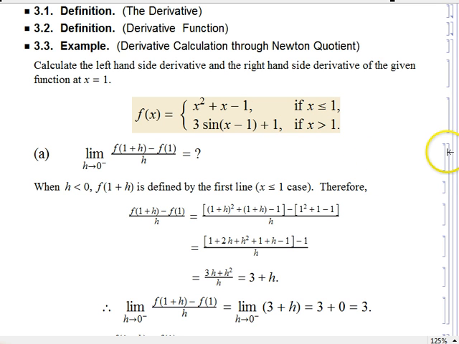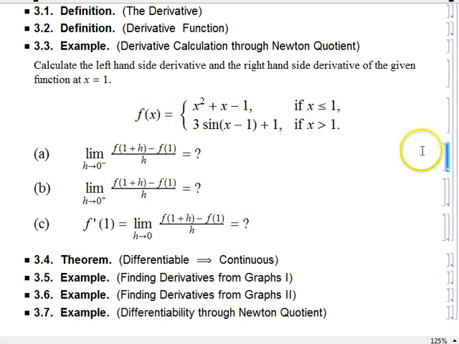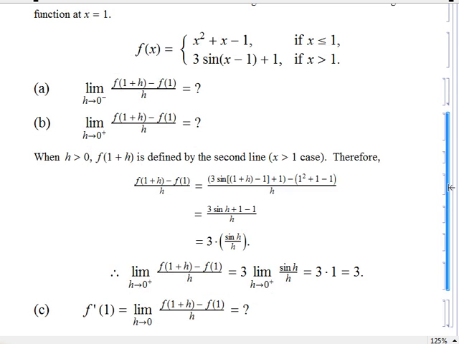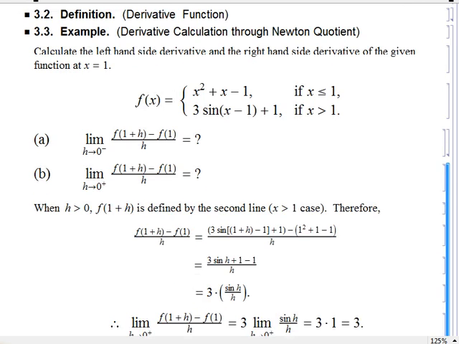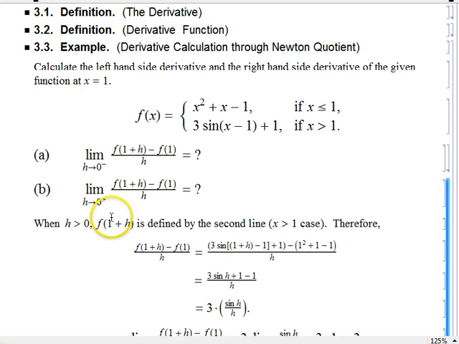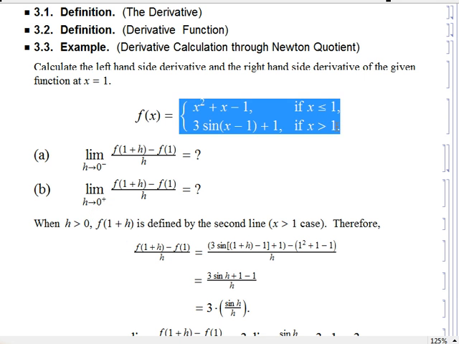Okay, now let's go ahead to the right-hand side slope. We'll have to use the second line this time, because 1 plus h is going to be a little bit bigger than 1, since h is bigger than 0, so we have to use the second line.